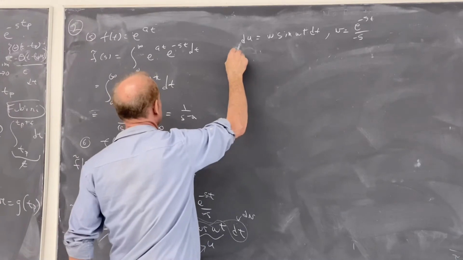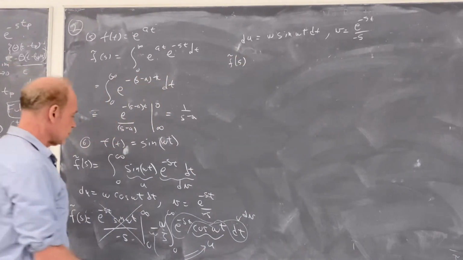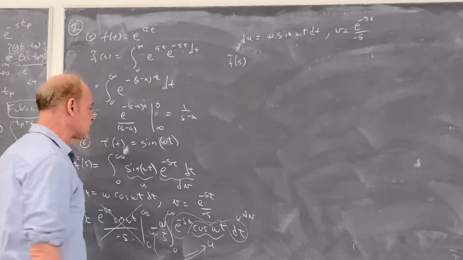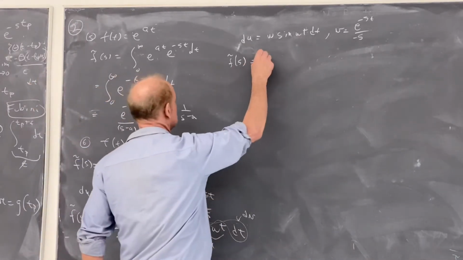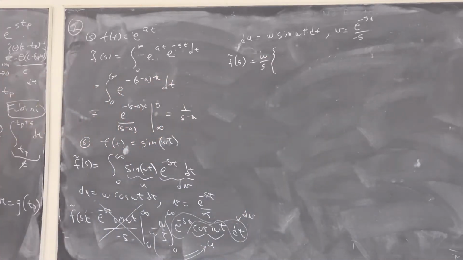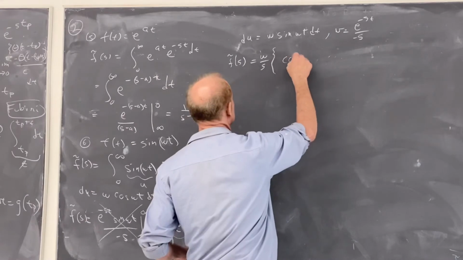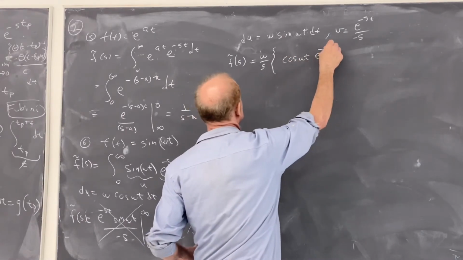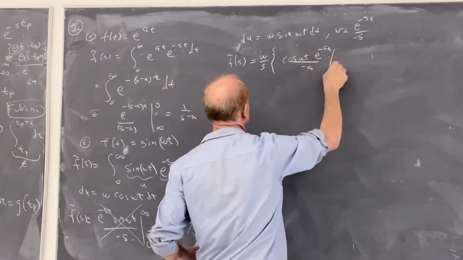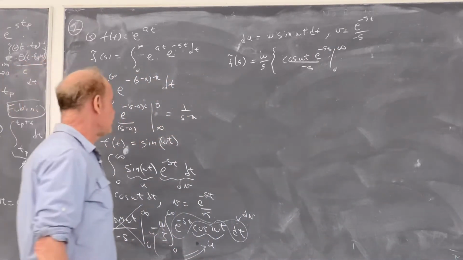So f tilde of s is equal to, well, the omega over s comes along for the ride. And I need to take uv, that's cosine omega t times e to the minus st over minus s, 0 to infinity. Minus the integral of v du.